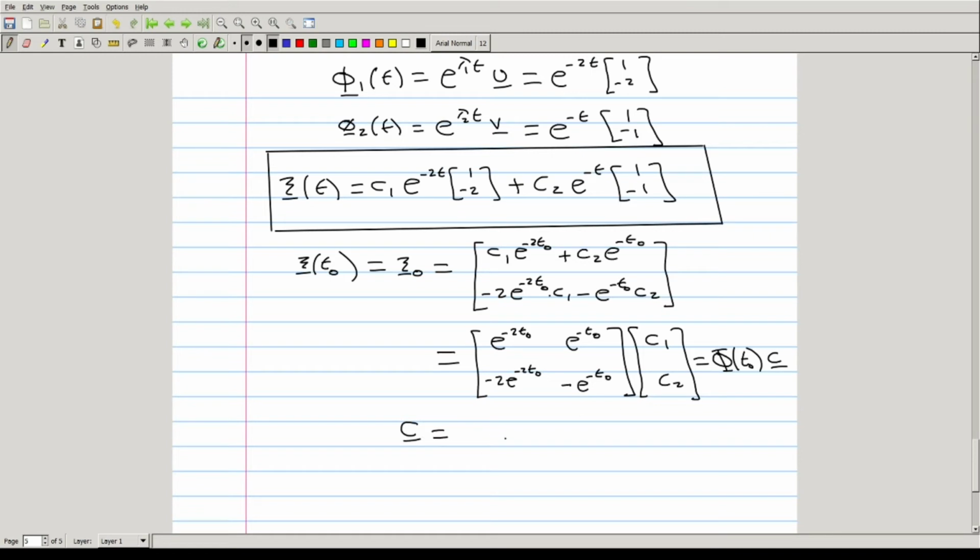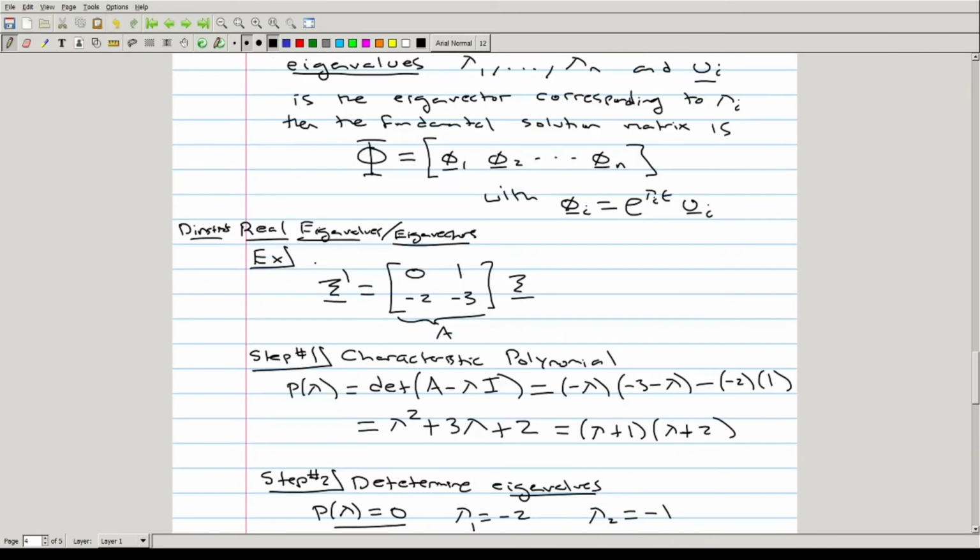To solve for the coefficients, we would take the inverse of this matrix and multiply it by the initial condition vector xi naught, or phi naught. Which is exactly the coefficient vector c1, c2. The exact expression appears in the variation of constants formula that we talked about before.